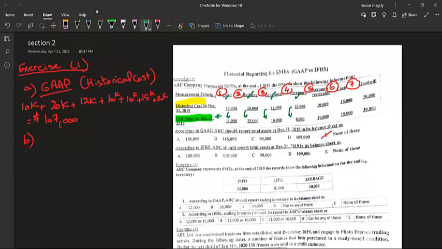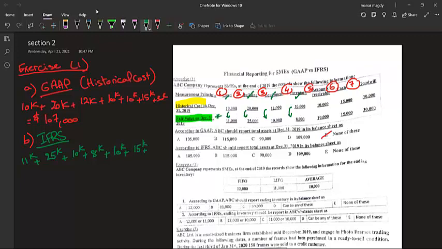So under IFRS, we take the fair value for land, 11,000, plus 25,000 for building, plus 10,000 for equipment, plus 8,000 for inventory, plus 10,000 accounts receivable, plus 15,000 cash.